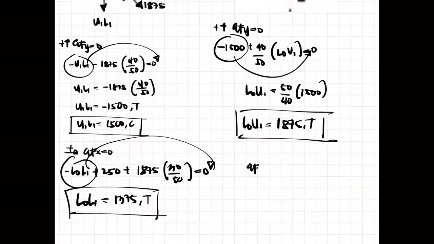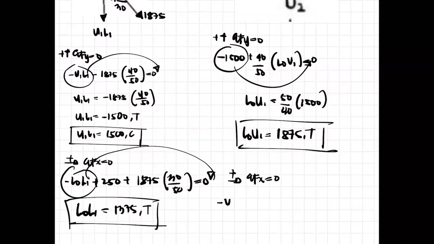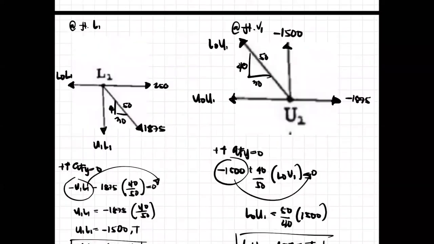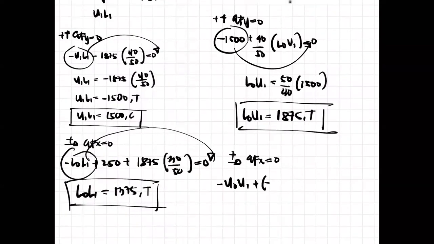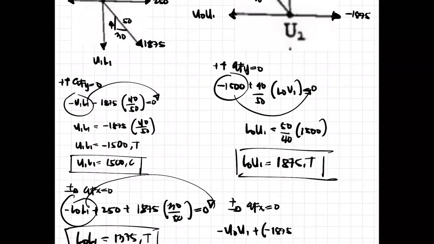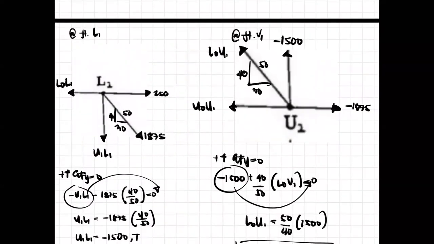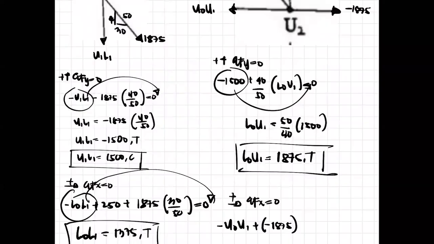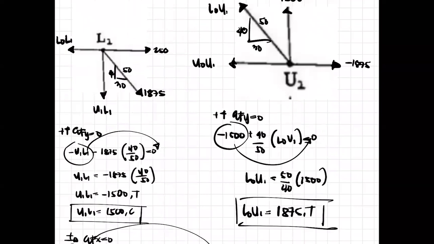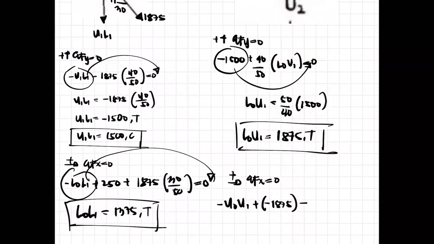Summation forces X is equal to 0. Going right is positive. Okay, we have negative UOU1, positive negative 1875, and then the X component of LOU1. Okay? That is negative kasi going to the left. 1875, 30 over 50. Okay, correct?